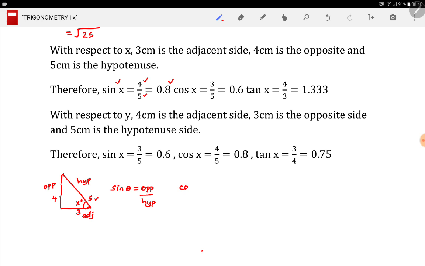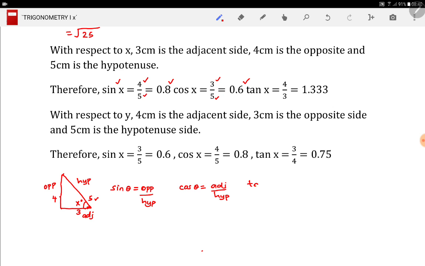Now, cosine of an angle theta is given by adjacent over the hypotenuse. Now, the side adjacent to x is 3, so we have 3 over the hypotenuse, which is 5, and that is equal to 0.6.